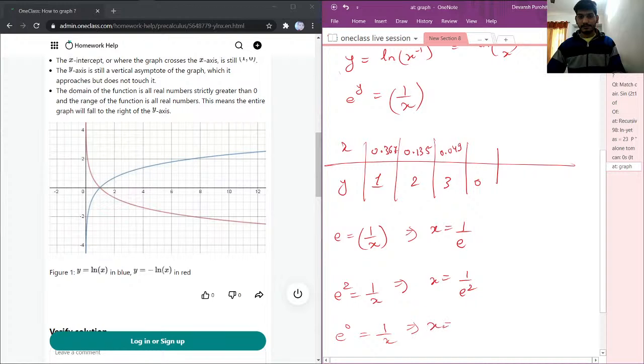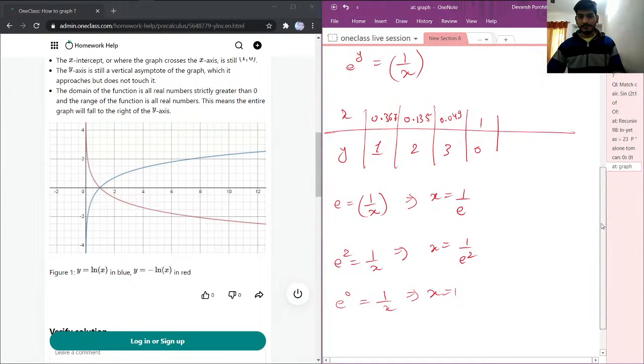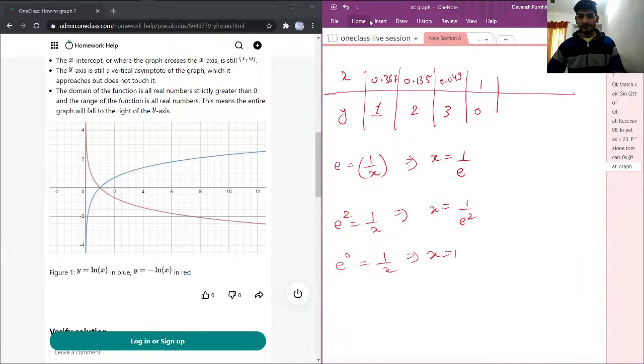This implies x will be 1. Okay, so we have a couple of coordinates with us. Now we are going to plot these coordinates.